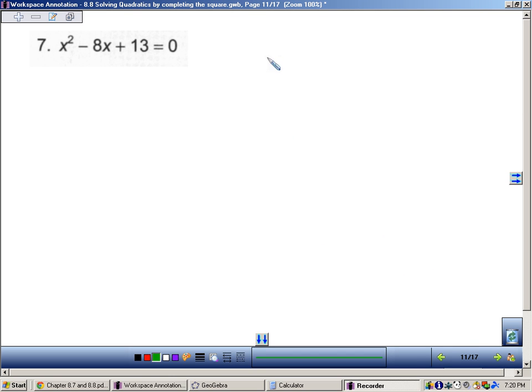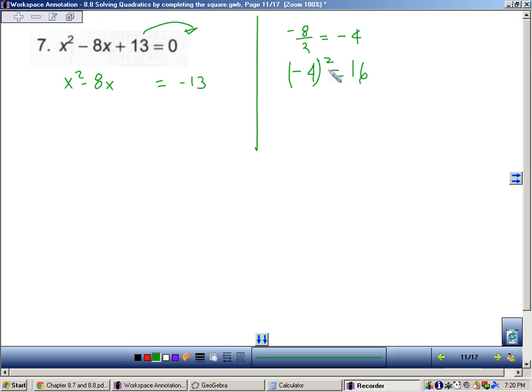Again, solving for x using completing the square. So I'm going to take the 13, move it over to the right side of the equation. Half of negative 8 is negative 4. Negative 4 squared is positive 16. This is completed because it can be factored.